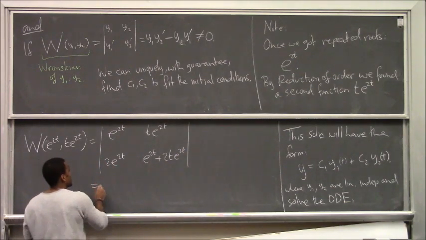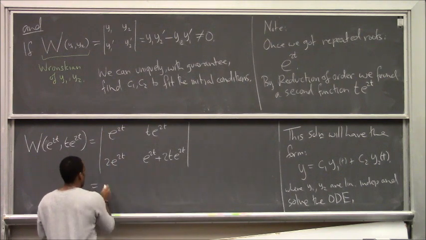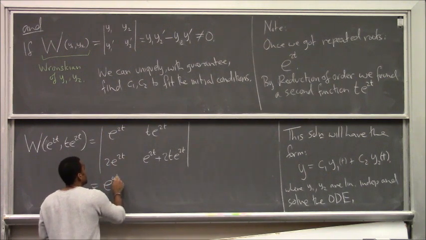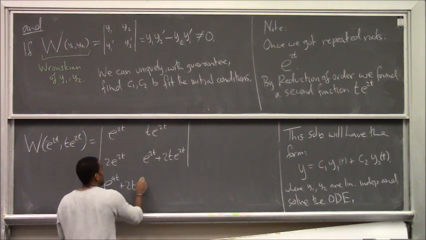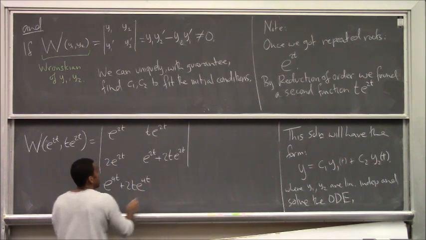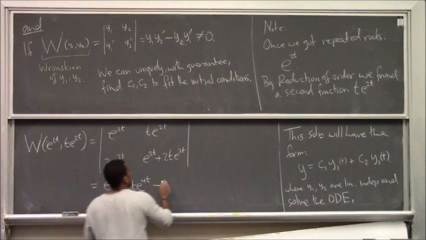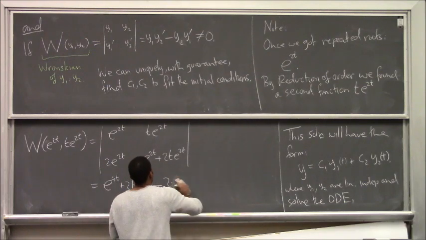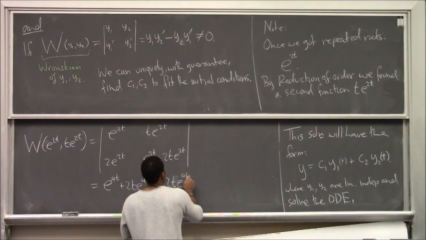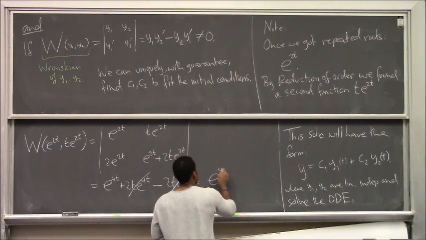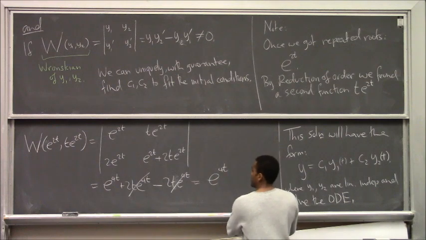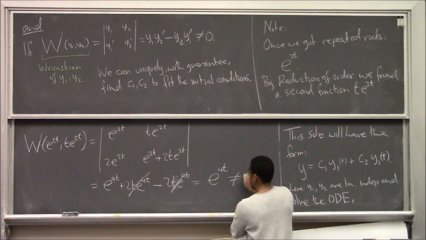This times that, I would have e to the 4t plus 2t e to the 4t, minus this, 2t e to the 4t. That's going to cancel out. That's going to give us e to the 4t. Where is that 0? It's never 0.